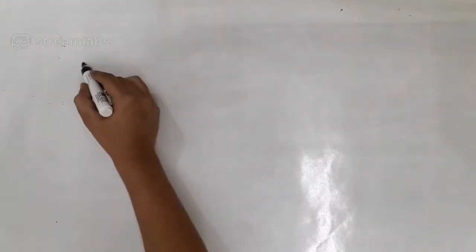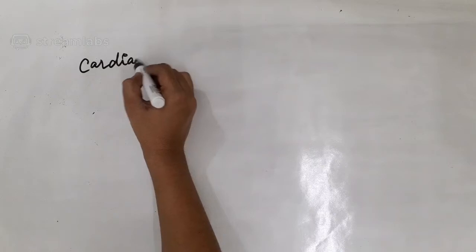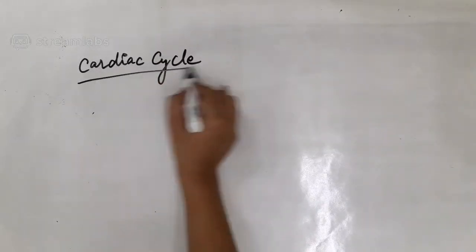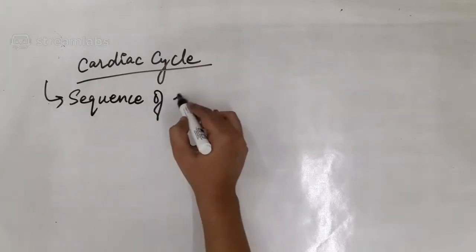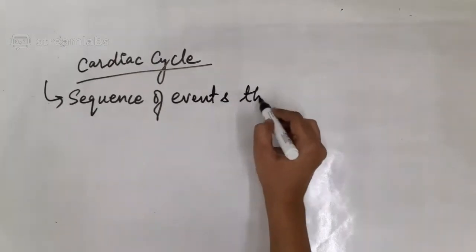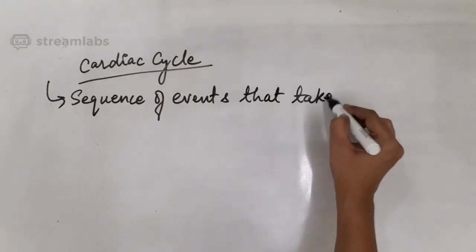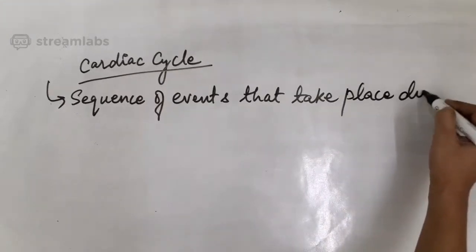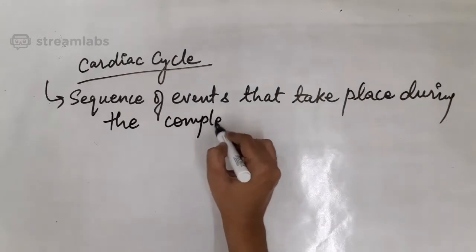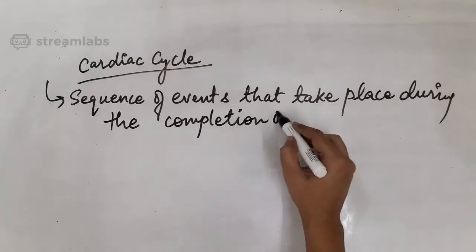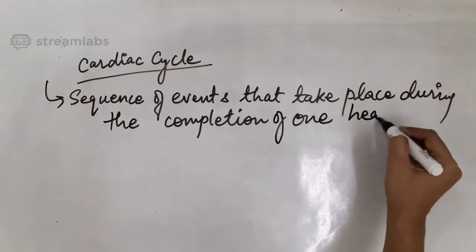Now you know about the sequence of events which take place during one complete heartbeat. These are called the cardiac cycle. These are the sequence of events that take place during the completion of one heartbeat.